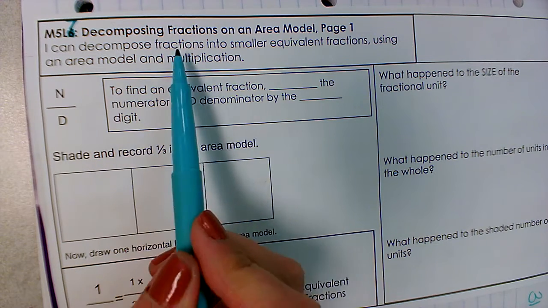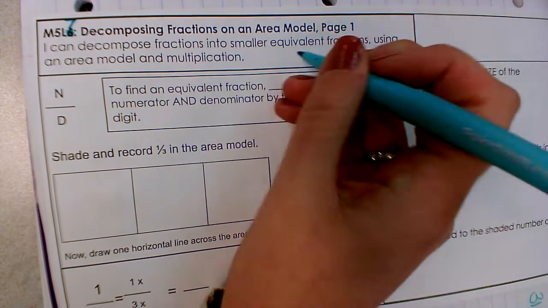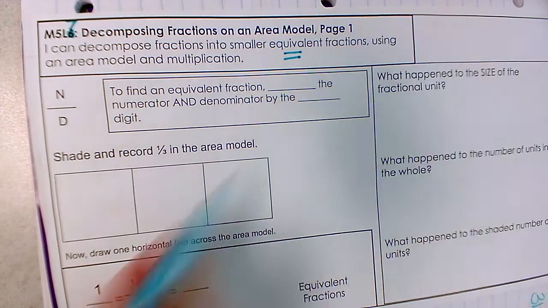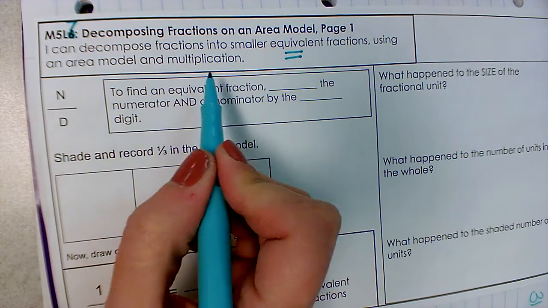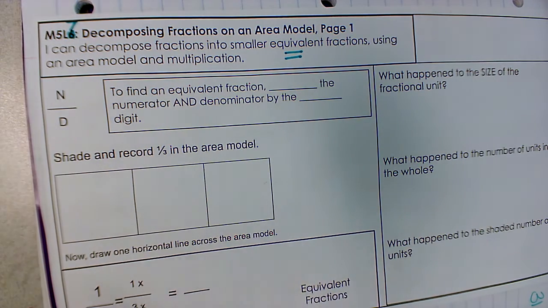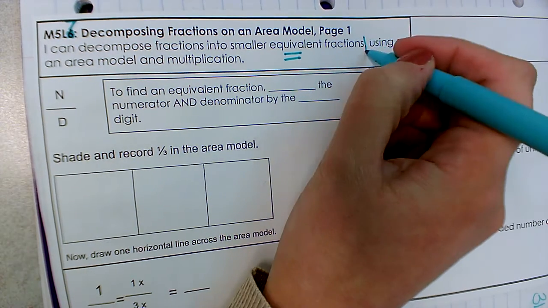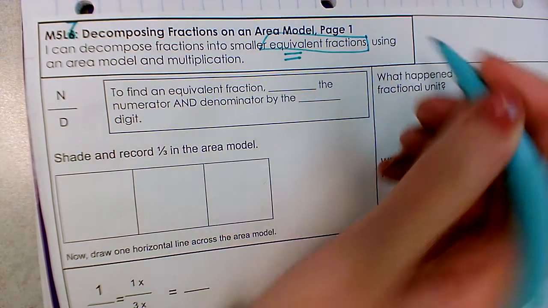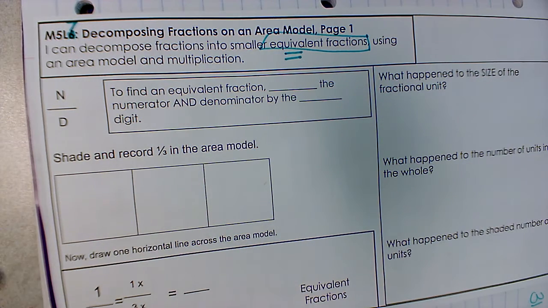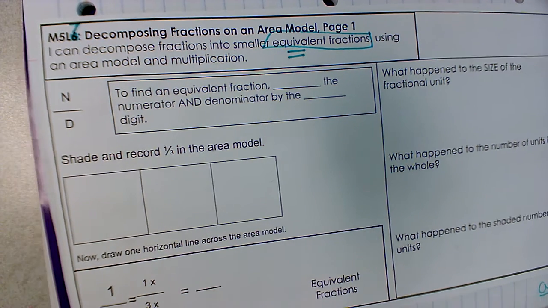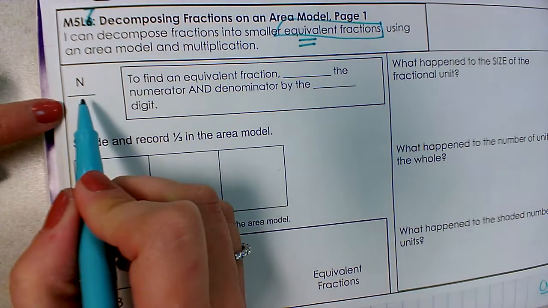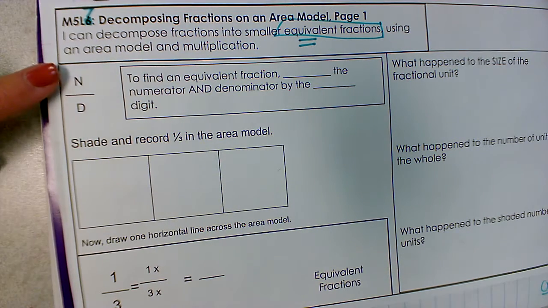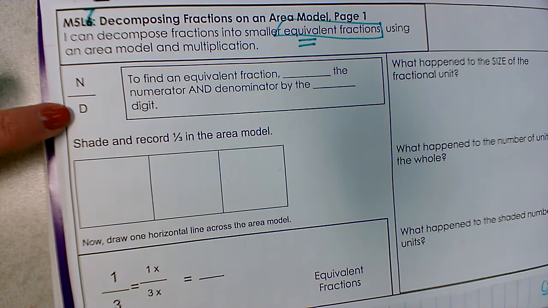So here's what our objective says. I can decompose fractions into smaller equivalent (I put my equal sign) fractions using an area model and multiplication. And so the big part today is that we are finding equivalent fractions. So we need to figure out how we are going to do that. I know that here's my fraction. I have the numerator and I have a denominator.